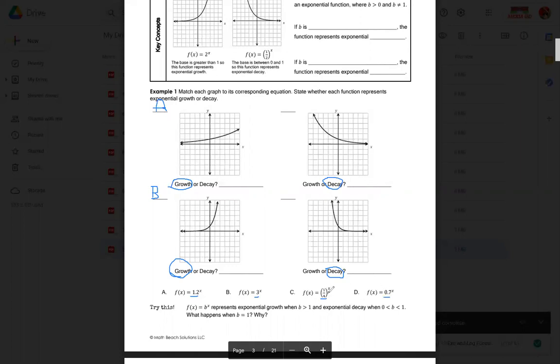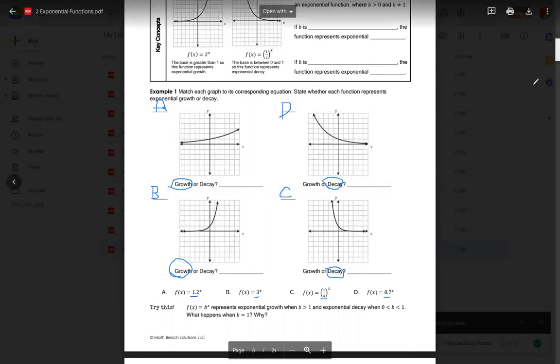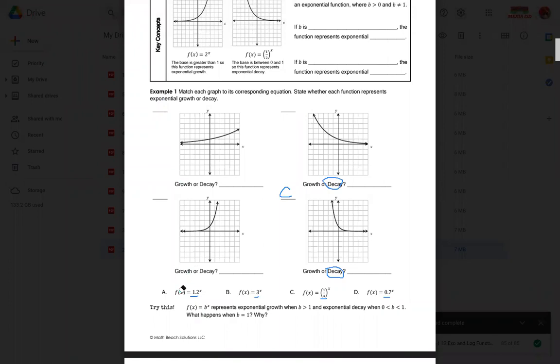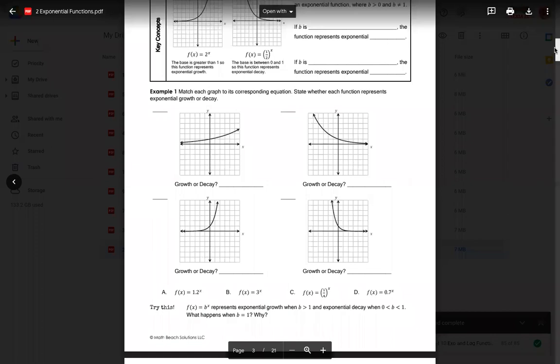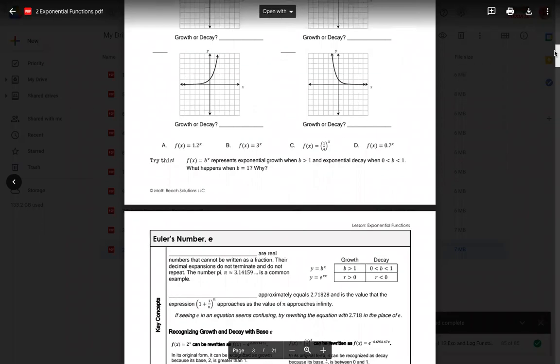But since this is a smaller number, I know that one's going to be C, and then that one's going to be D. When you're dealing with exponential growth and decay, it's not a hard concept. You just have to understand which numbers are bigger and which are smaller.